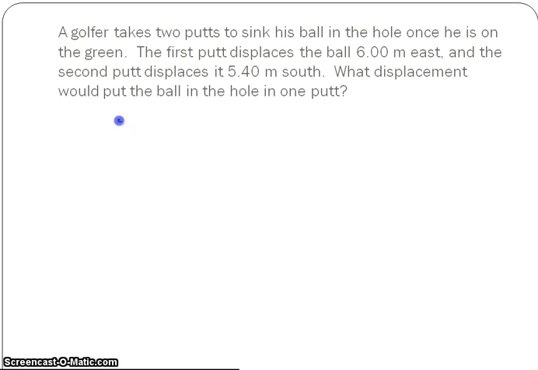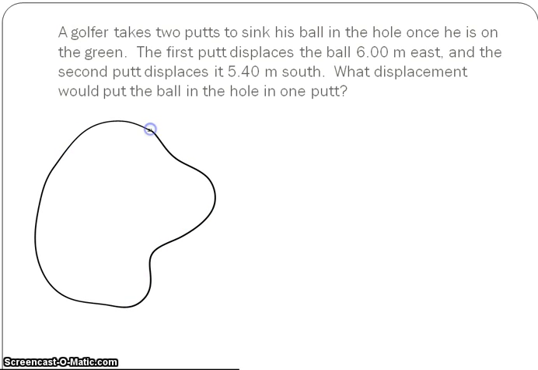Okay, so here might be my green, here's my hole, and here's my ball, up here. Our first putt displaces it 6 meters to the east, and then 5.4 meters to the south.